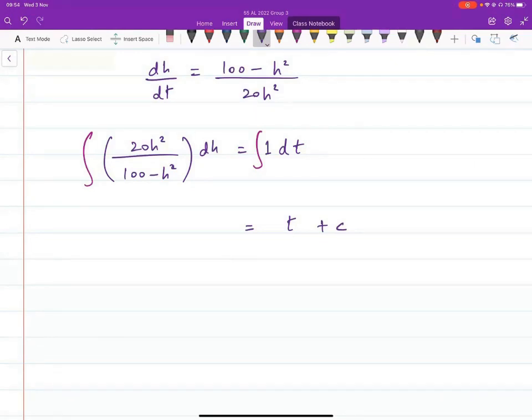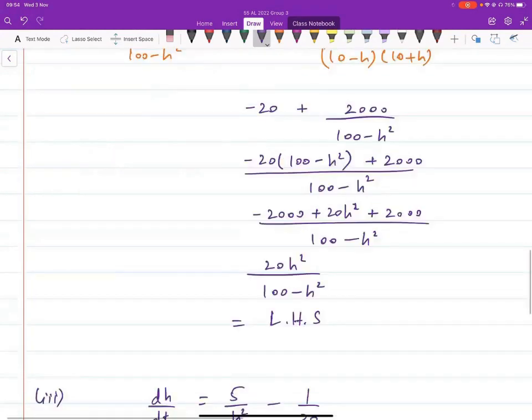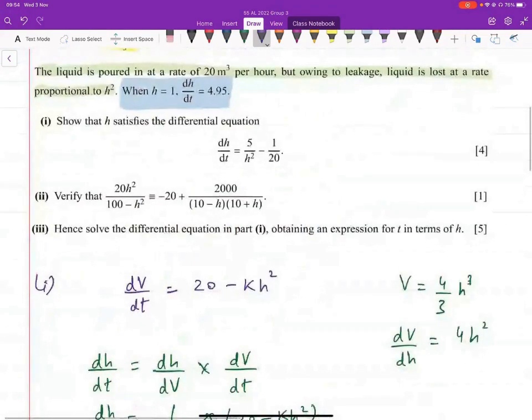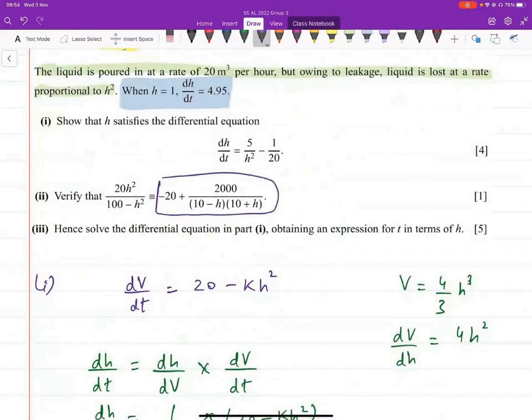Now we have to integrate what we have on the left side there. 20 h square over 100 minus h square. We need to integrate this. We can separate it out. We don't need to think here, because the question has said that you have to use the previous part. So it will become simpler if you were to make it in this form first. So let's do that here.